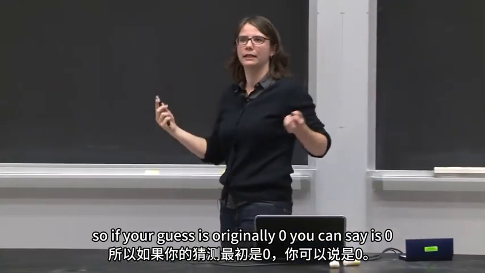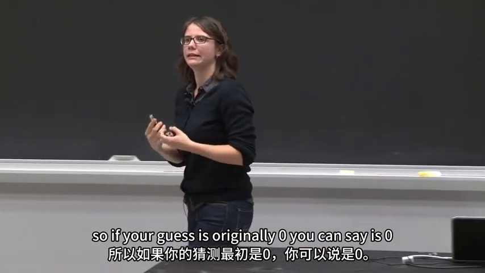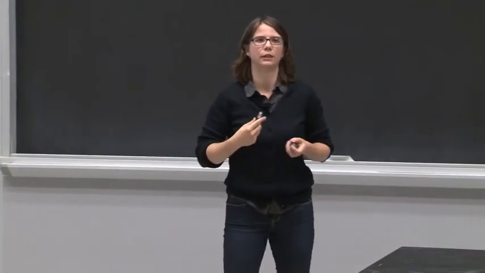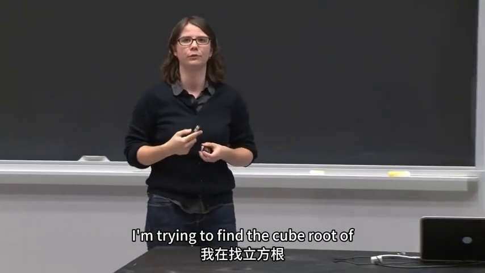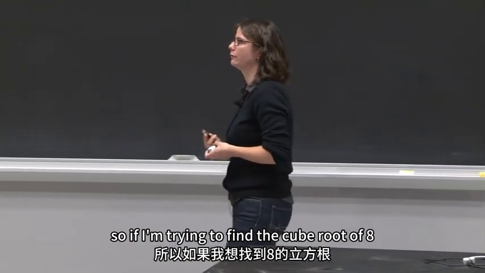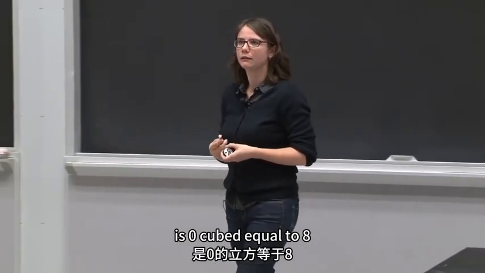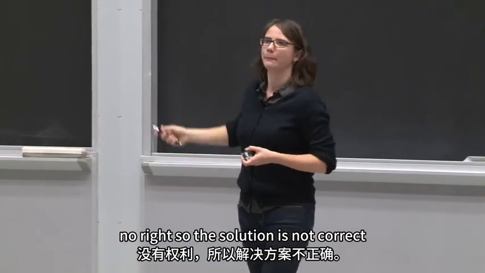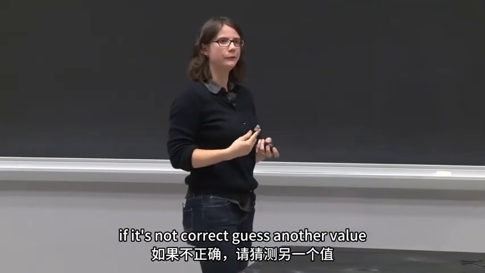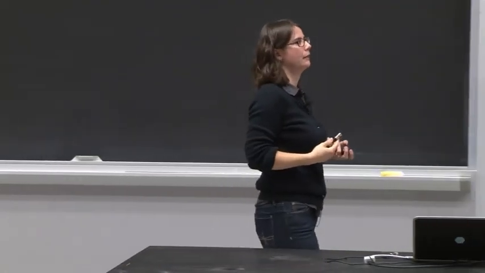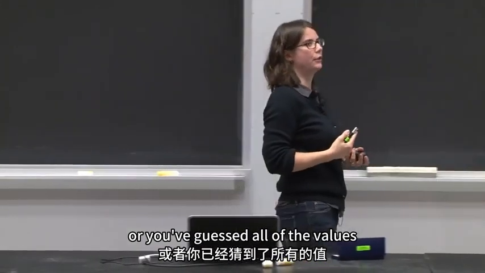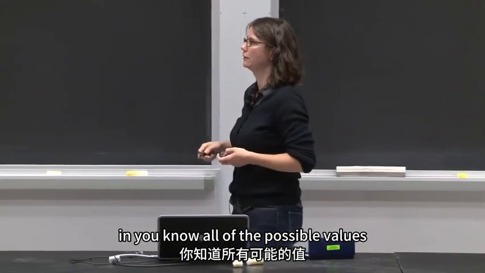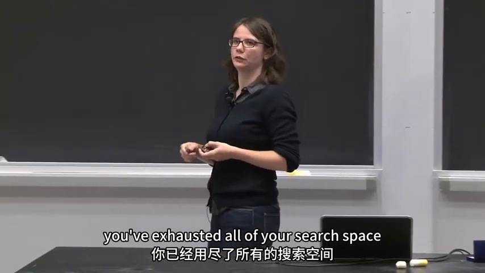So if your guess is originally 0, you can say, is 0 cubed equal to the cube of whatever I'm trying to find the cube root of? So if I'm trying to find the cube root of 8, is 0 cubed equal to 8? No, right? So the solution's not correct. If it's not correct, guess another value. Do it systematically until you find a solution, or you've guessed all of the possible values. You've exhausted all of your search space.